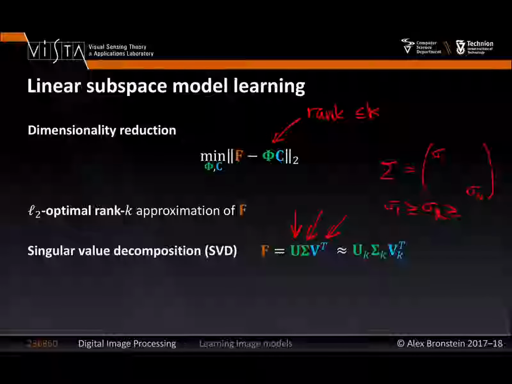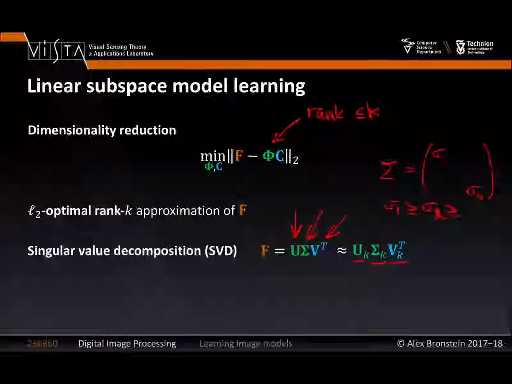So it's ordered in descending order. Then I take the first k columns of U, the first k singular values in this diagonal matrix, and the first k columns of V, or k rows of V transpose. I'm denoting these submatrices by U_k, sigma_k, and V_k.